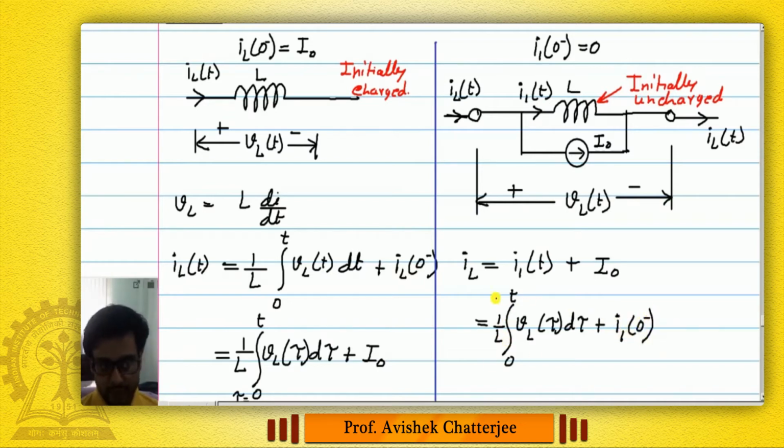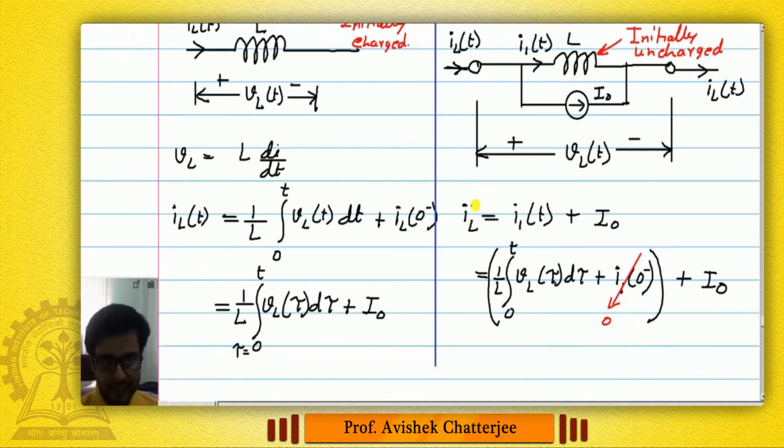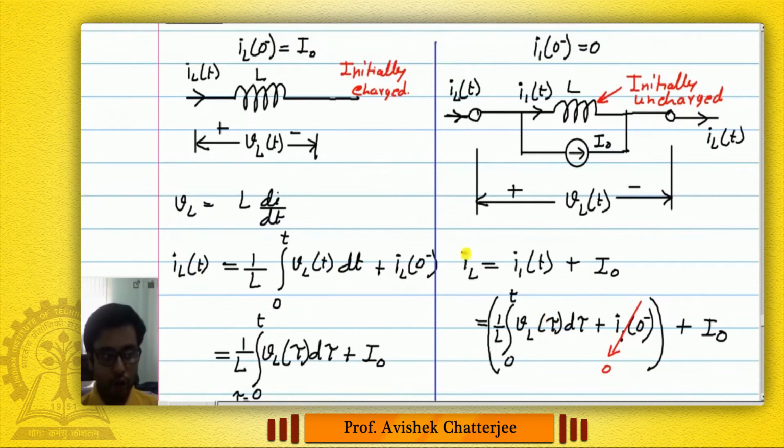So this is equal to I1(t), and then plus I0. Now you see that I1(0-) is 0. Therefore this relation between IL and VL comes out to be exactly the same as the earlier relation between IL and VL.